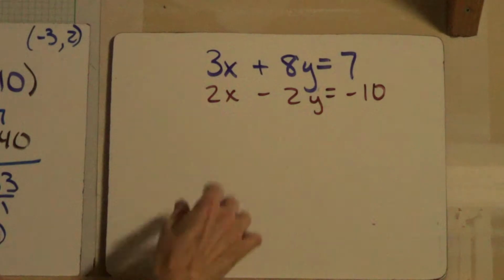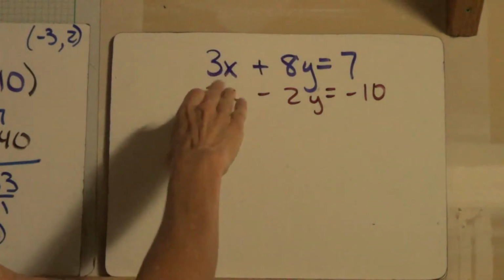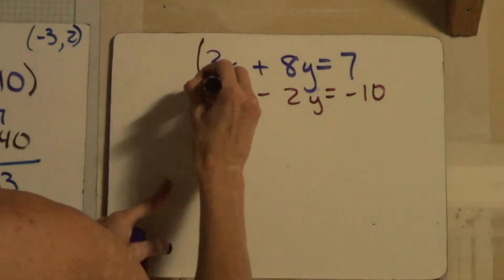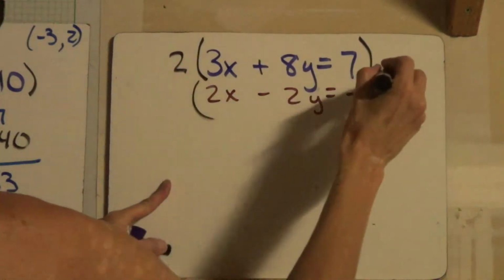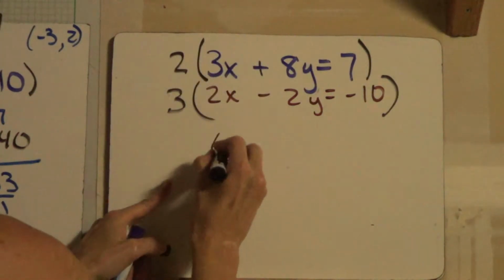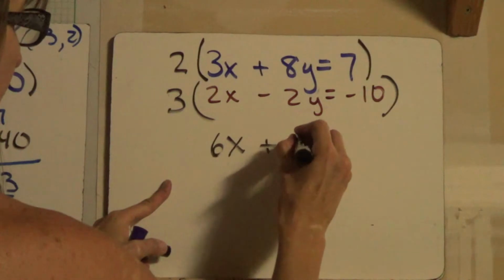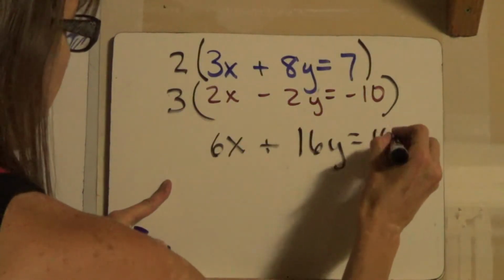Okay. I was going to show you doing the 3x and the 2x. I don't think that I need to. I will tell you, if you're going to cancel them, you would have to multiply this one by 2 and this one by 3, and then you would have 6x plus 2 times 8 is 16y, 2 times 7 is 14.